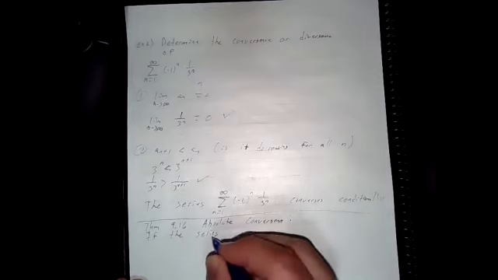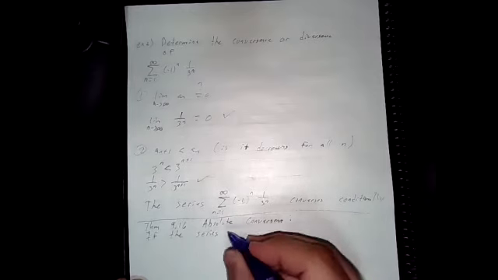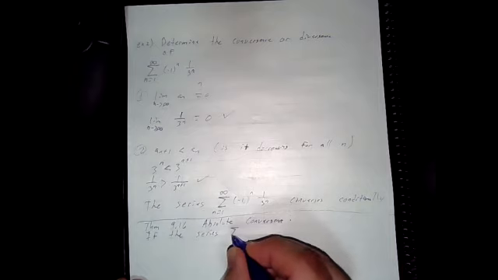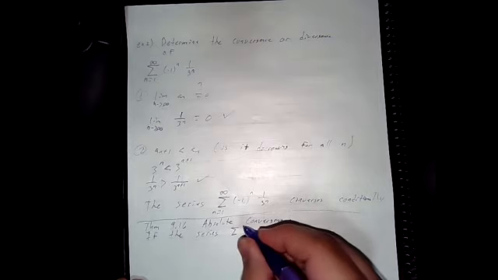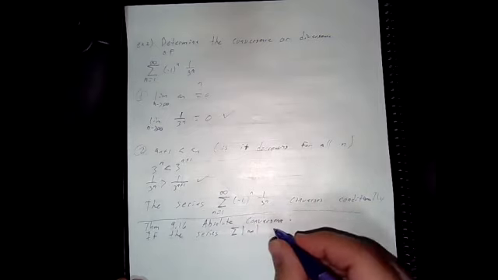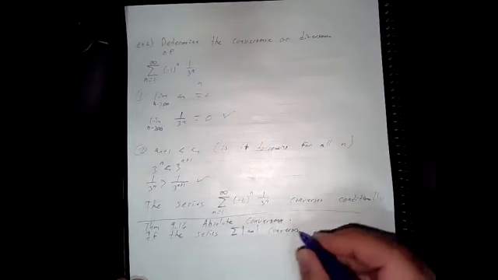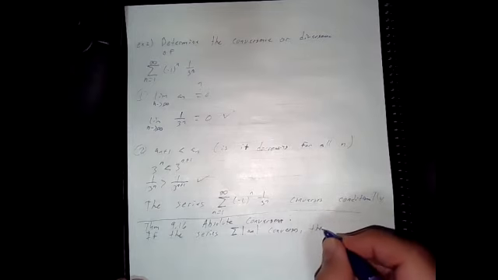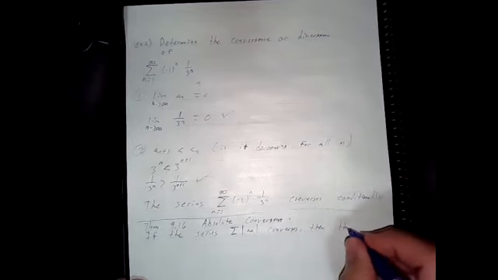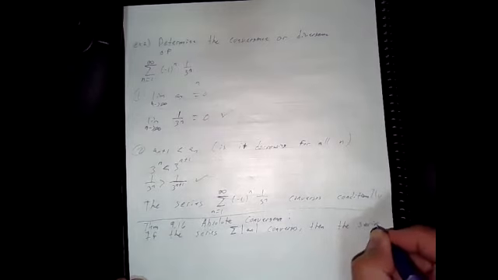So if the series of the absolute value of a sub n converges, then the series of the original also converges.